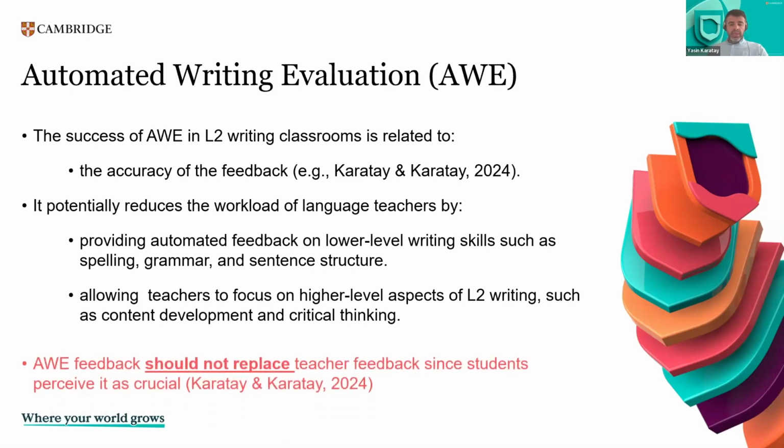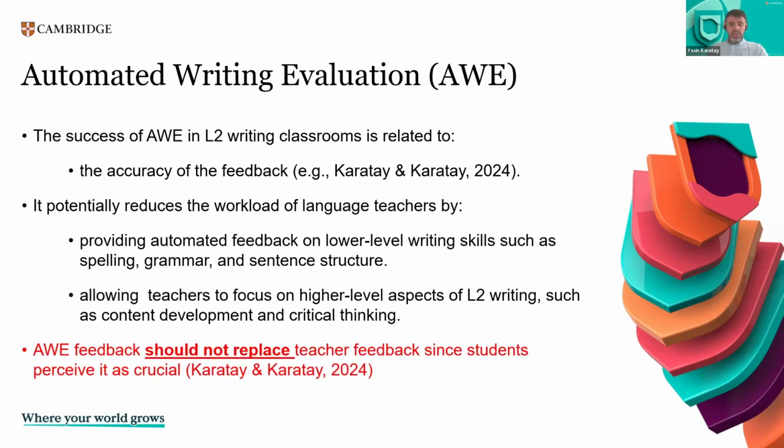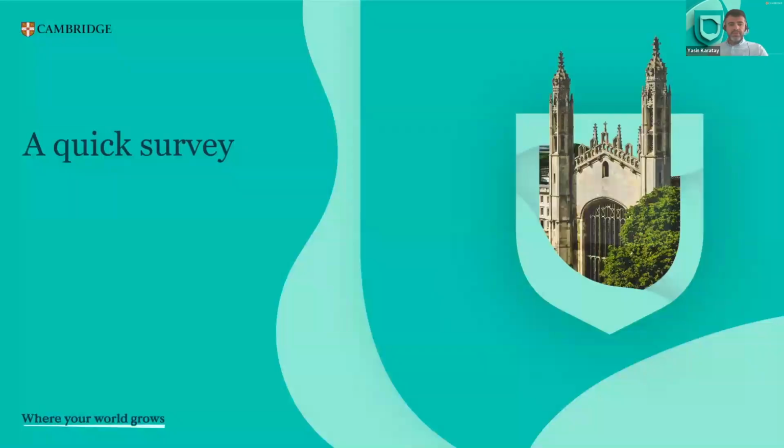But the main takeaway for you from this part is that AWE, or automated writing evaluation feedback, should not replace teacher feedback, since students perceive this as crucial, right? So they want teacher feedback too. In other words, students see the most benefit when AWE feedback is combined with teacher feedback. So that's one takeaway that I want to highlight there.